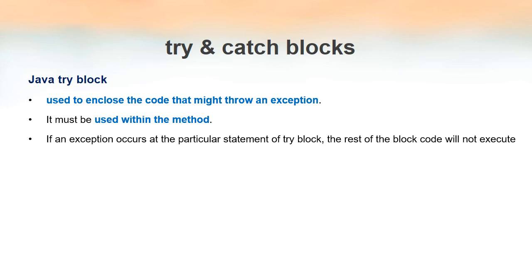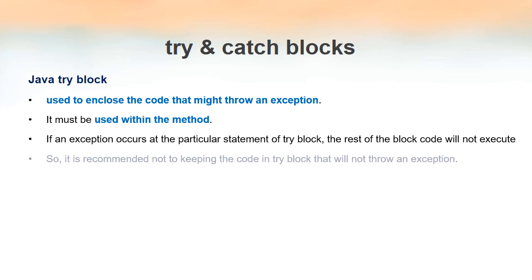And if an exception occurs at any particular statement inside the try block, then all the lines of code below that statement will not be executed. So as I mentioned, if I have included say 10 statements inside the try block, if the third statement generated an exception, then all the remaining lines of code from line number 4 to 10 will not get executed.